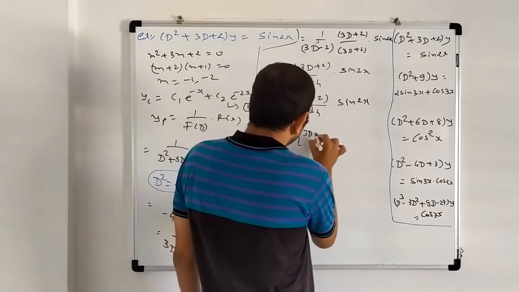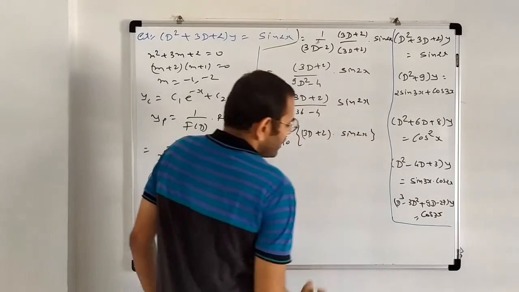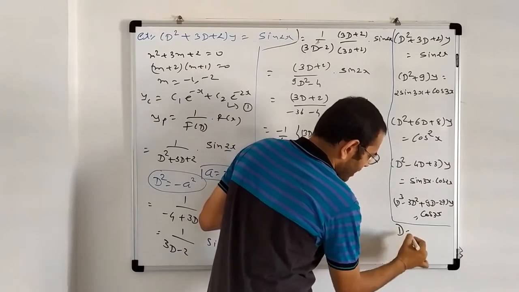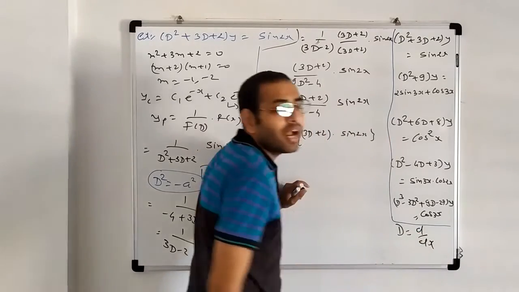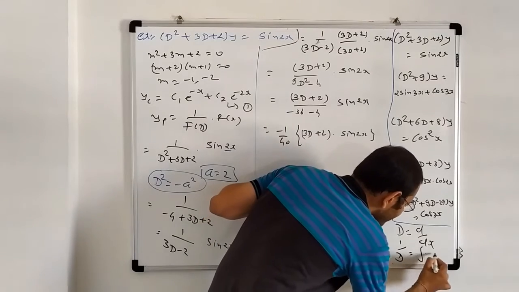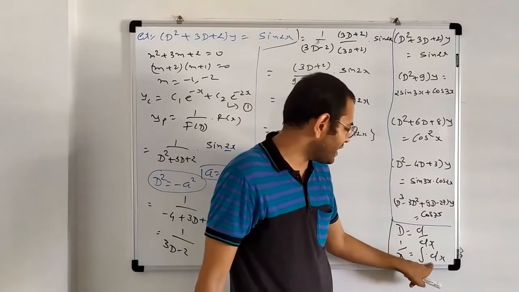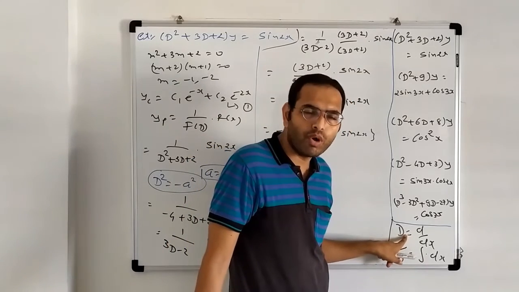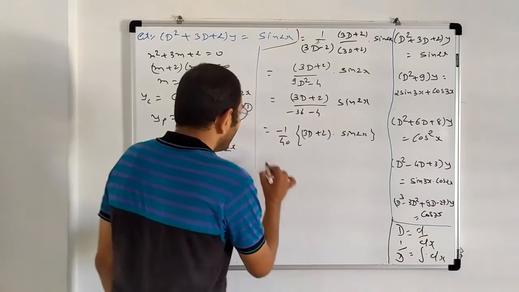Into sin 2x. In this chapter, multiplication by D means we take the derivative d by dx, and 1 upon D means we apply integration. If D appears in product form, we apply d by dx; that is our operator.